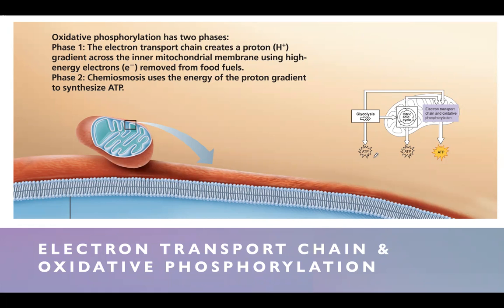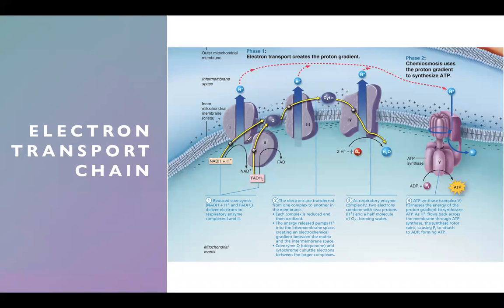The electron transport chain will create what we call a proton gradient across the inner mitochondrial membrane using high energy electrons removed from food fuels. And chemiosmosis uses the energy of the proton gradient to actually synthesize ATP. This is where the majority of our ATP is formed. Again, using just 1 glucose molecule, we're trying to create as much ATP as we can, and the majority of the ATP is formed in this step.